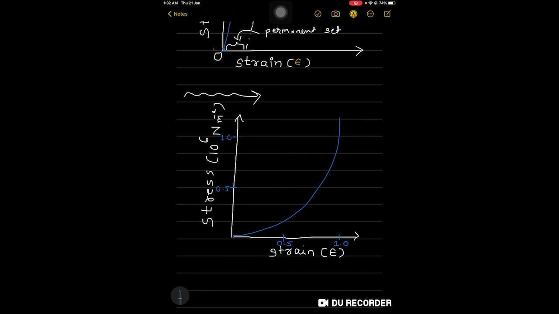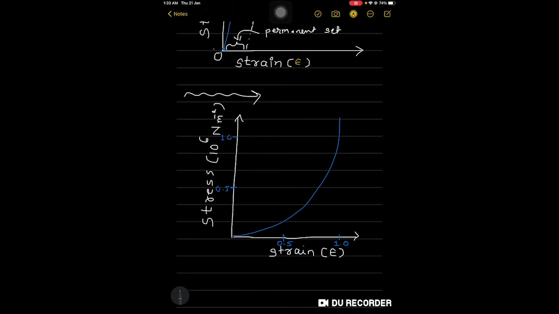Substances like tissue of aorta, rubber, etc., which can be stretched to cause large strains, are called elastomers. So the second graph belongs to the material called elastomers. So this is how the stress and strain curve can be explained.